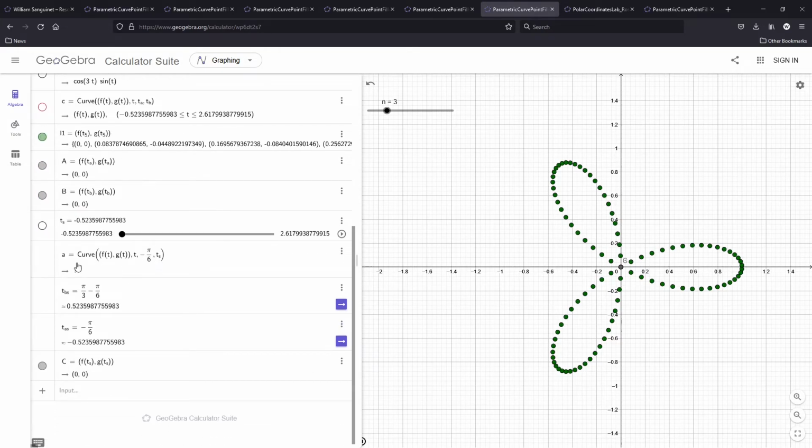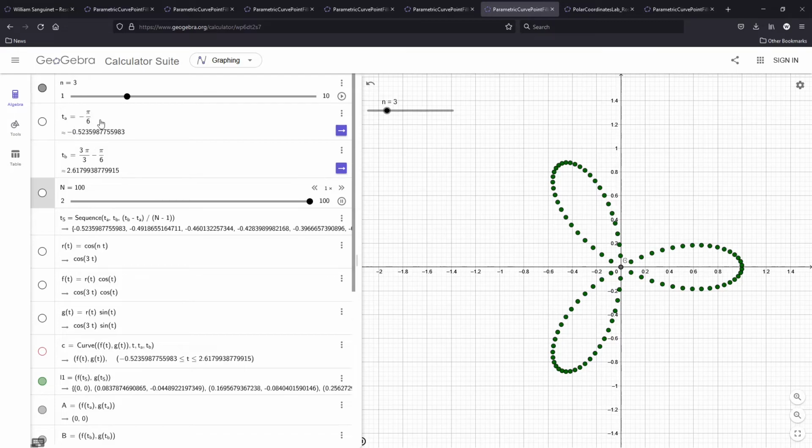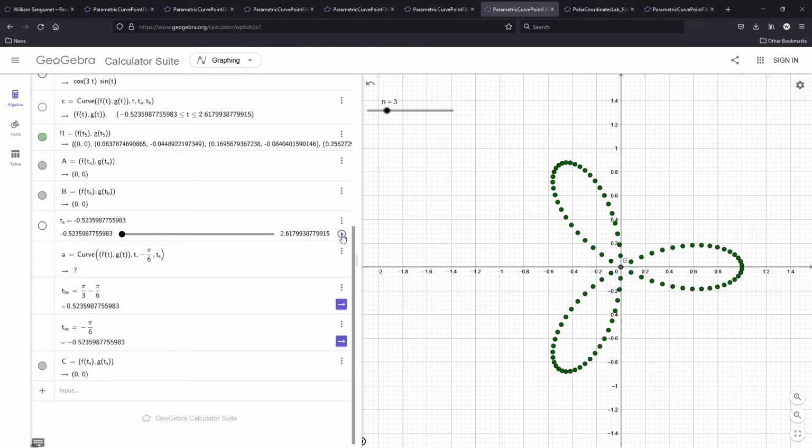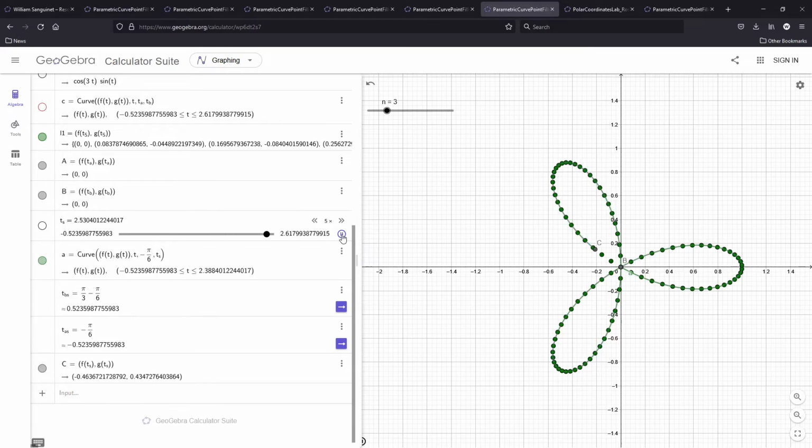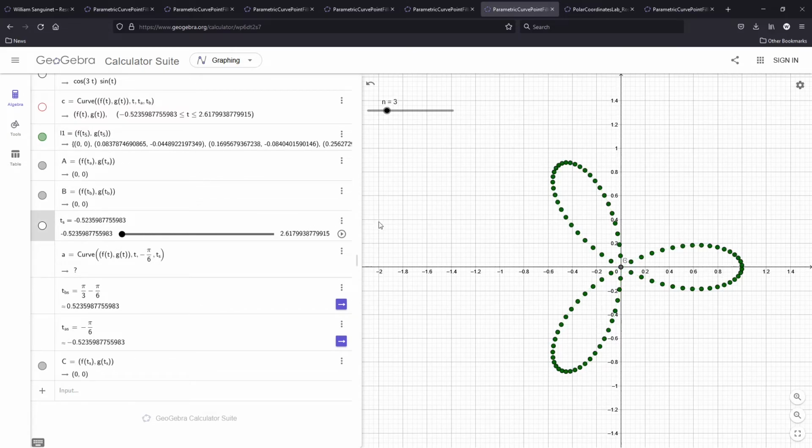And starting at an initial value here of negative pi over 6 all the way up to pi minus pi over 6 will give us the following curve. It's traced out like this as we go through and look at the different values for the angle.